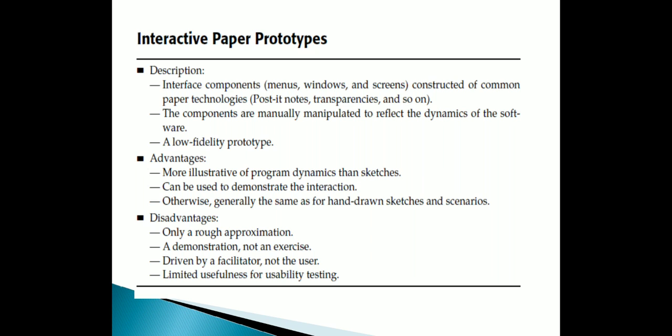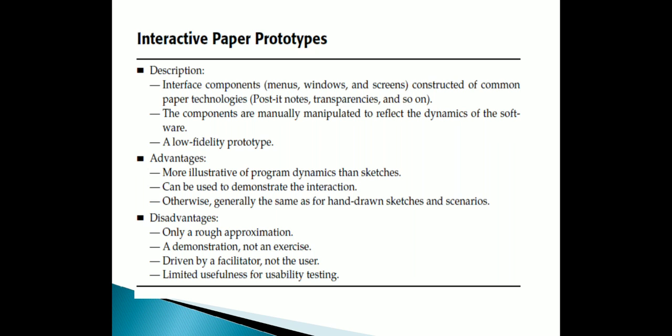So, the advantages of interactive paper prototypes are that they are more illustrative of program dynamics than just a simple screen sketch. System components can be manipulated to demonstrate the interactive nature of the system. Other advantages are generally the same as those already described for hand drawn sketches and scenarios.